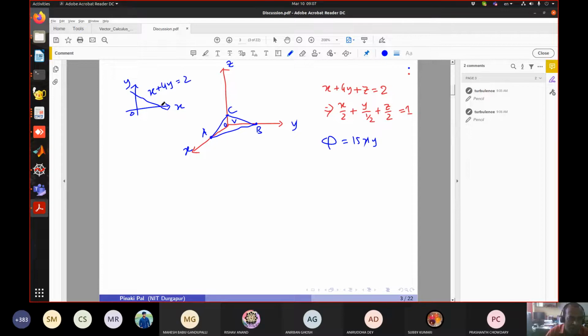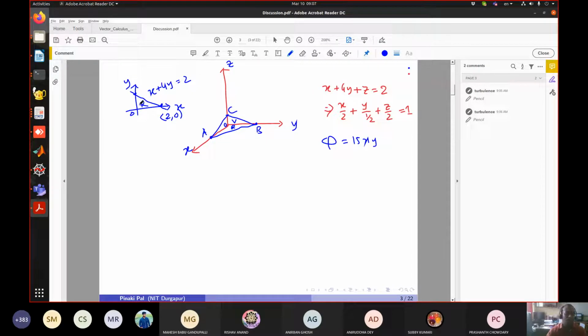This is one point, this is your 2, 0. Therefore, we have to choose the limits in such a way that we cover this projection R.